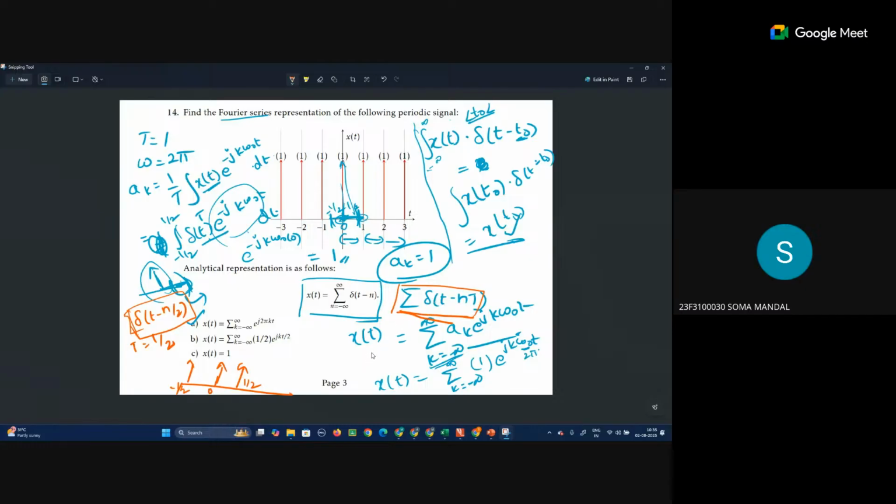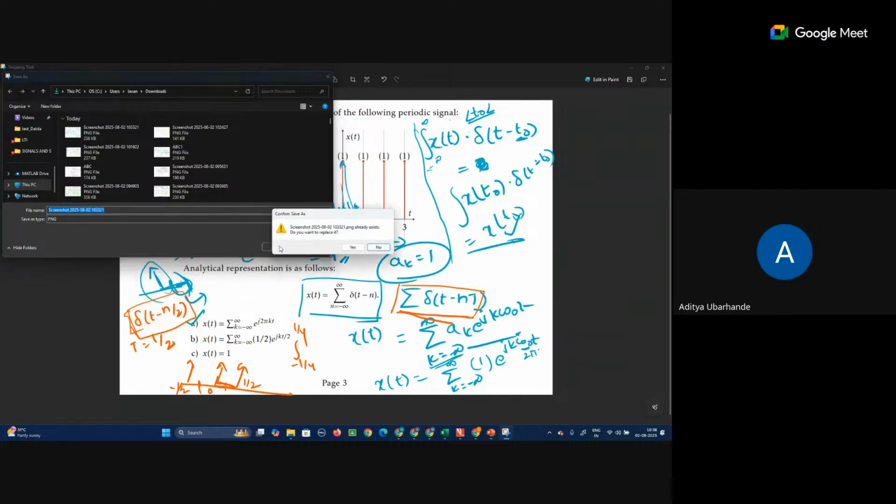Then what range should we take for the integral? It will be the integral from minus 1 by 4 to 1 by 4, because the period here is half, right? Yes, ma'am, we have to consider the time interval. So it will be from minus 1 by 4 to 1 by 4.